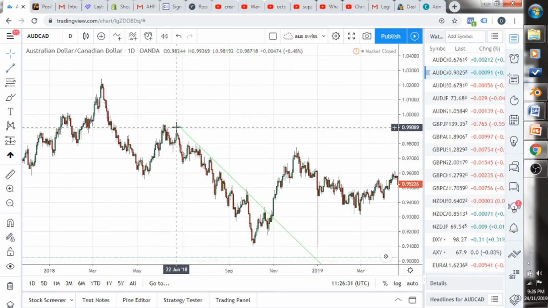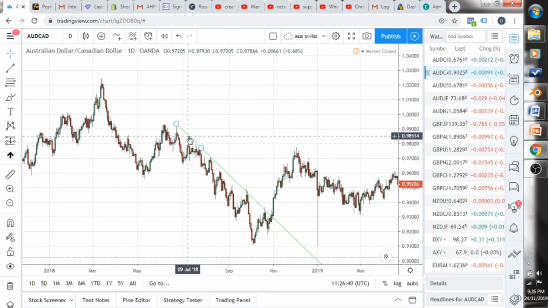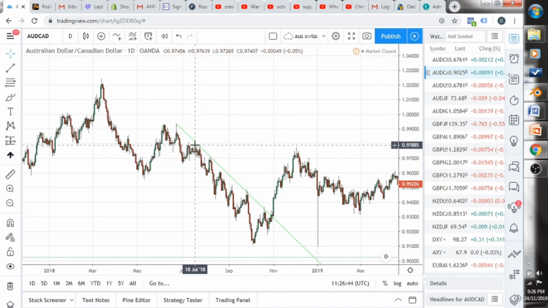As you can see, it's moved lower, came up, created these lower highs there, and then moved lower again. So that's where we create the confirmation of that trend. Then the third time it comes up and touches it, it moves lower again, comes back up, a couple of near misses here.